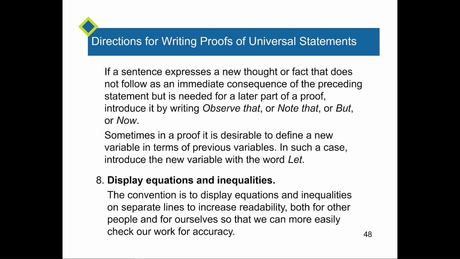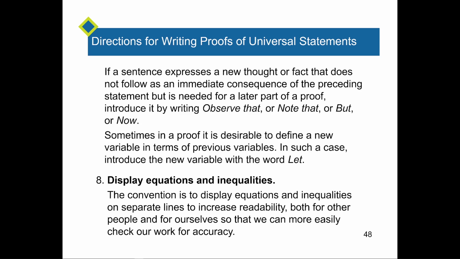So if a sentence expresses a new thought or fact that does not follow as an immediate consequence of the preceding statement, but is needed for a later part of the proof, we then use words like observe that or note that. So we're going to keep it there as a side point. Maybe you want to label the line or the expression as the equation star one or something like that.